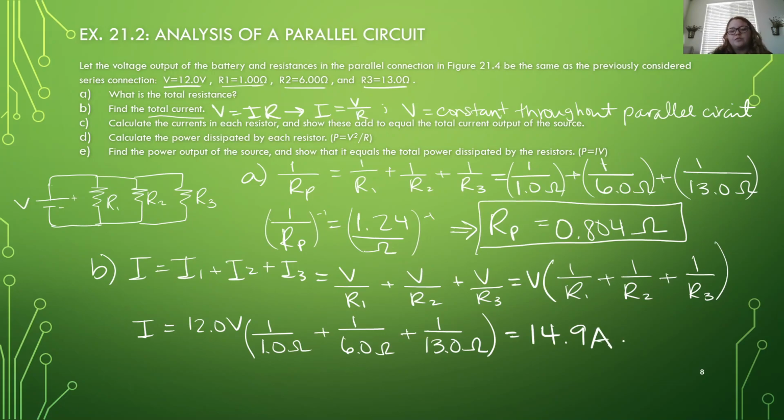You can also do this stepwise. You can solve for each of these individually and then add them up. That works too. I just did it a little bit of a quicker way, but if breaking it down into each step makes more sense for you, that's totally fine. So this is my total current.